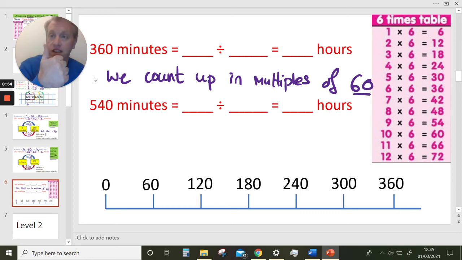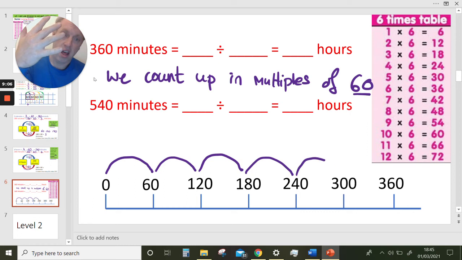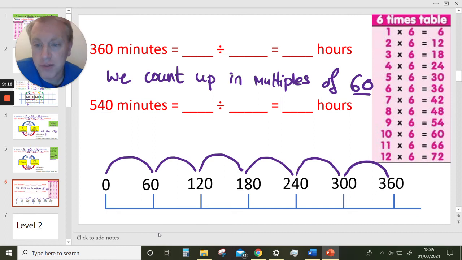So we need to get our fingers out. I've drawn it here. So 60, 1, 120, 180, 240, 300, and one more finger. It's okay. How many groups of 60?